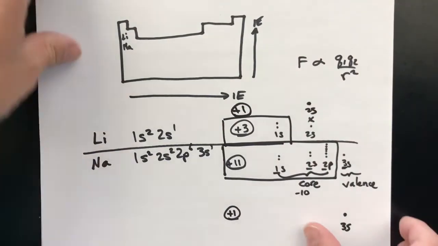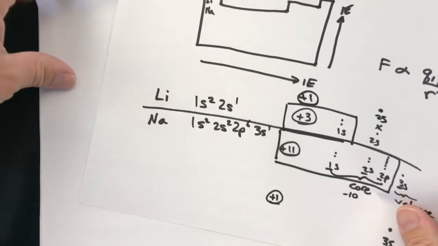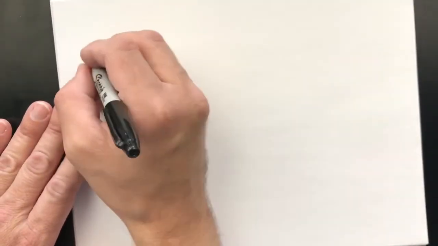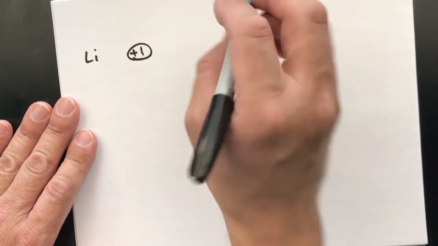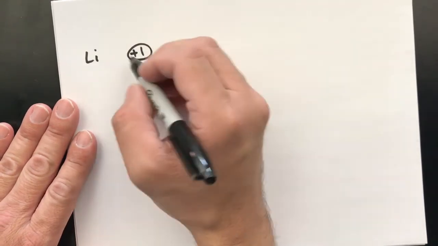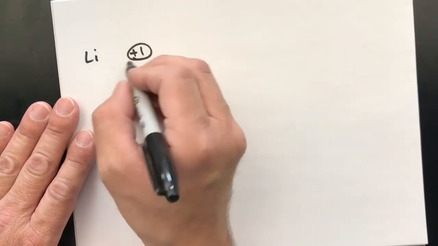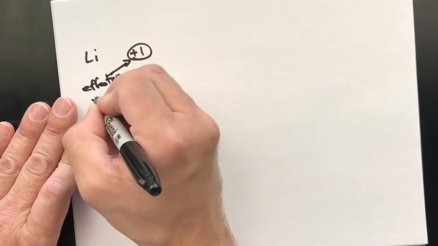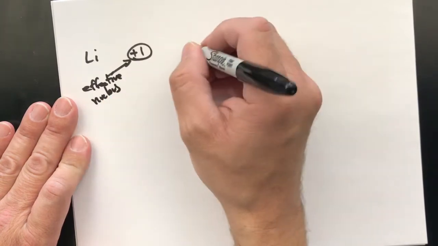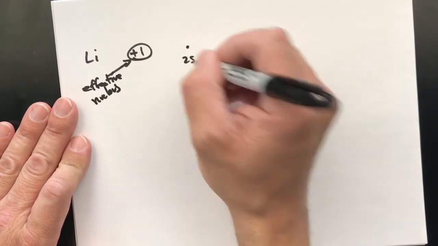So now let's try to neaten this up a little bit and put them on top of each other. For lithium, instead of the plus 3 nucleus and the 1s electrons, we have those all combined together in the effective nucleus, with a 2s electron out here.